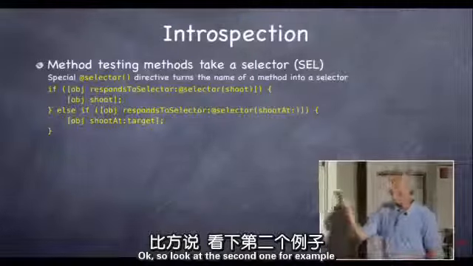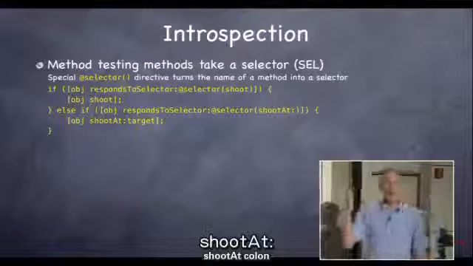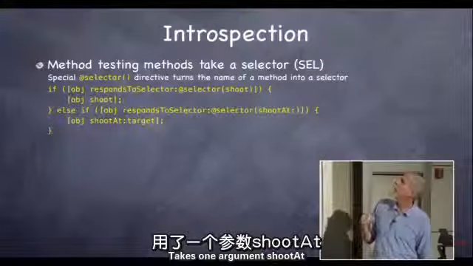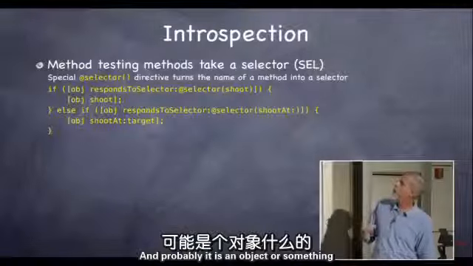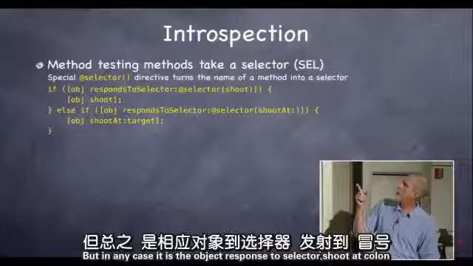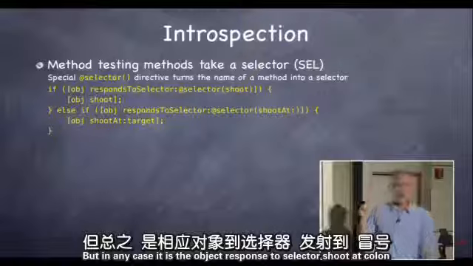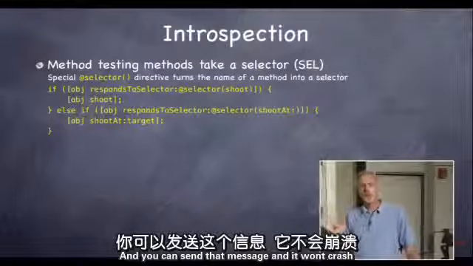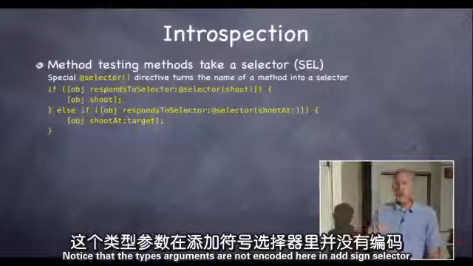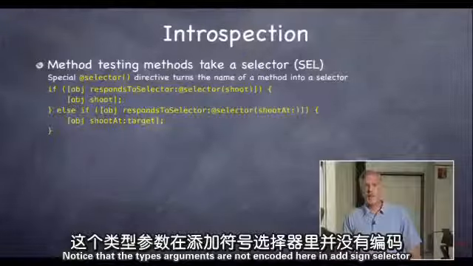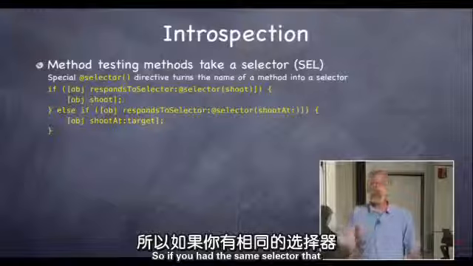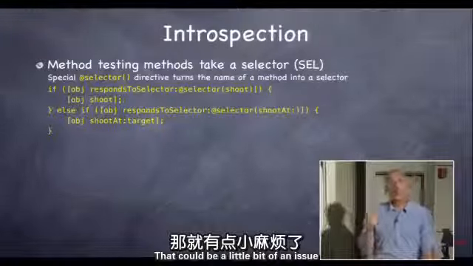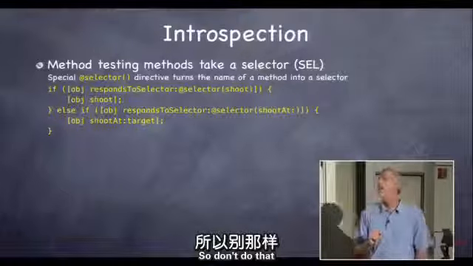Look at the second one, for example: shootAt colon takes one argument, probably an object or something. But in any case, you see object respondsToSelector shootAt colon, then you can send that message and it won't crash. Notice that the types of the arguments are not encoded here in the @selector. So if you had the same selector that had different argument types, that could be a little bit of an issue, so don't do that.